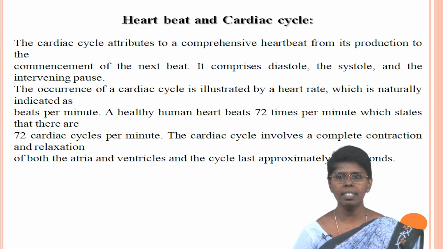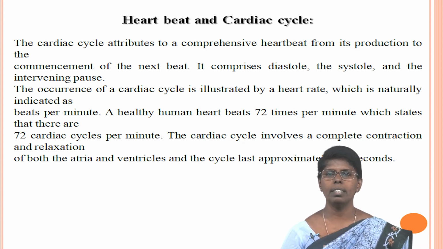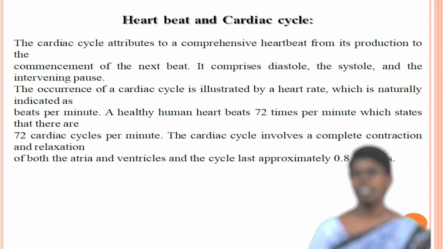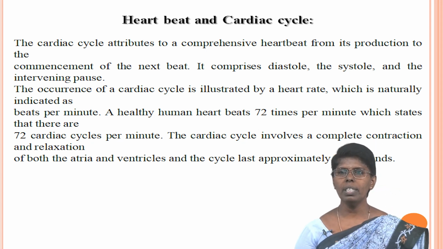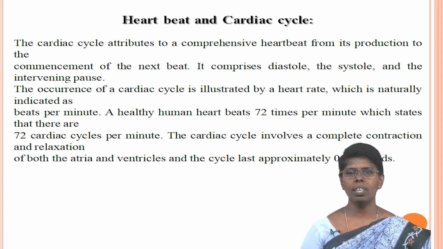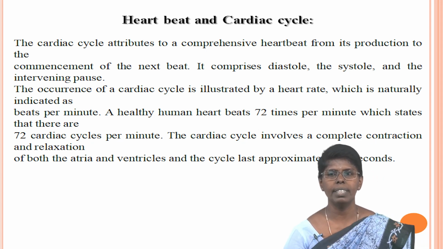The cardiac cycle involves a complete contraction and relaxation of both the atria and the ventricles, and the cycle lasts approximately 0.8 seconds. Now we see the physiology of the cardiac cycle. The human heart consists of 4 chambers: 2 upper chambers, the left and right atrium, and 2 lower chambers, the right and left ventricles.